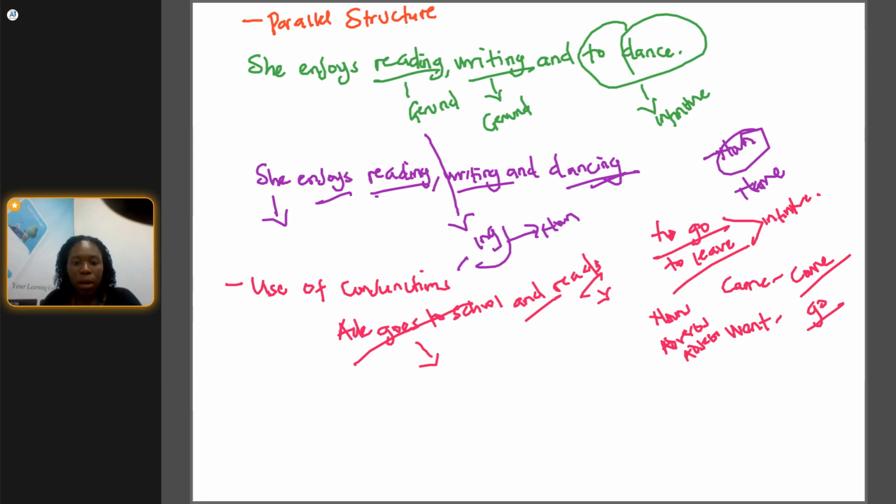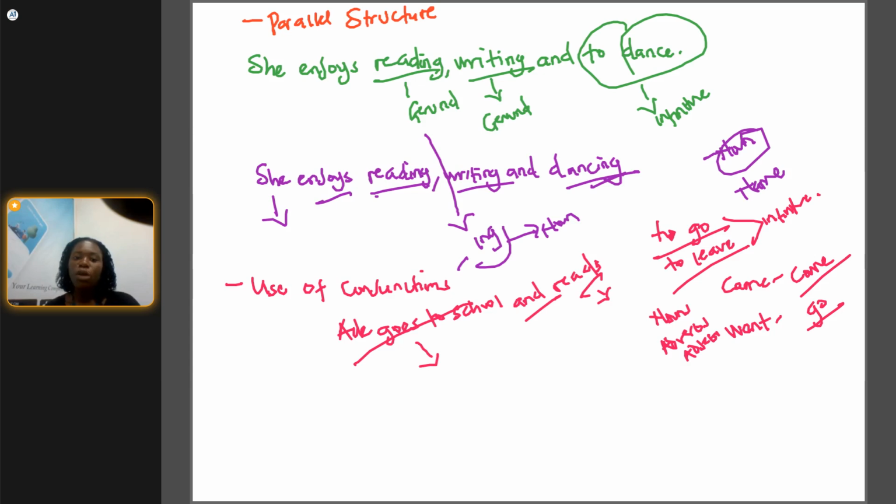When we talk about the use of conjunctions, it means that if you're choosing an option in your examination, where you have four options and need to fill in a blank space, your conjunction should properly and appropriately link the ideas.